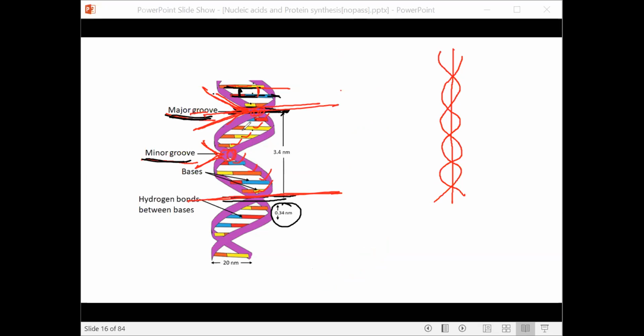Okay. So in this one turn of the DNA that we have in our cell, this is called one turn or pitch. This is called one turn or pitch.